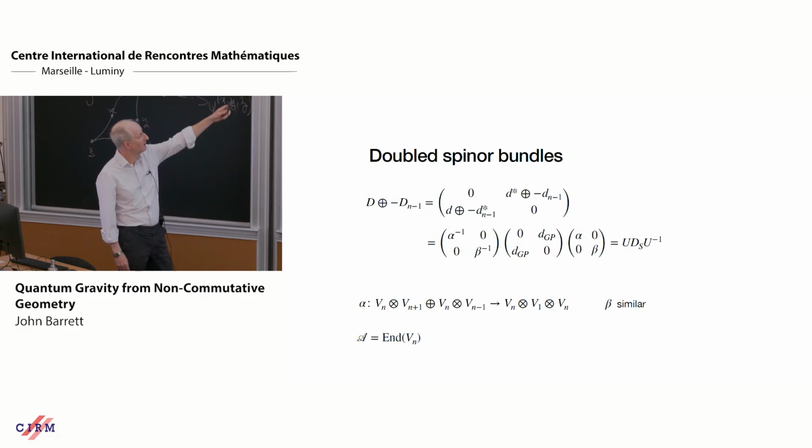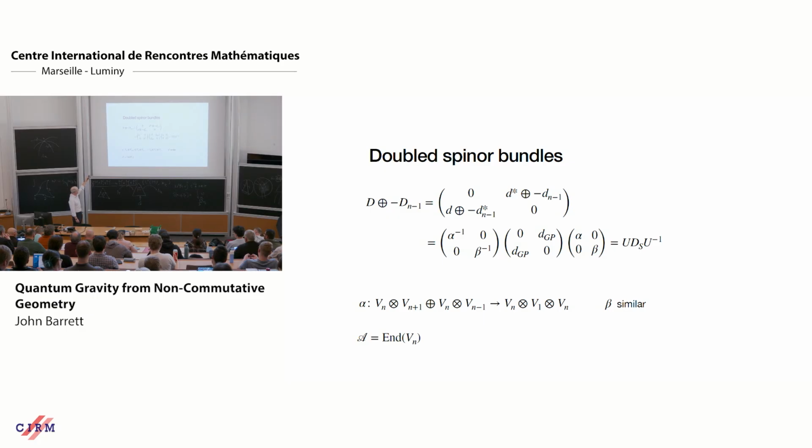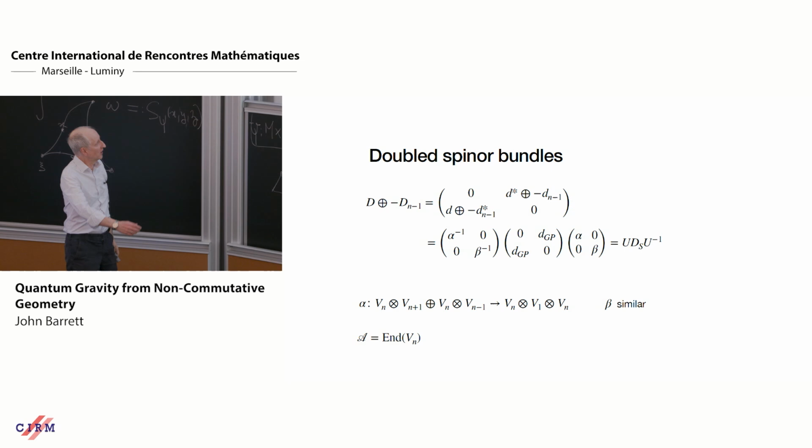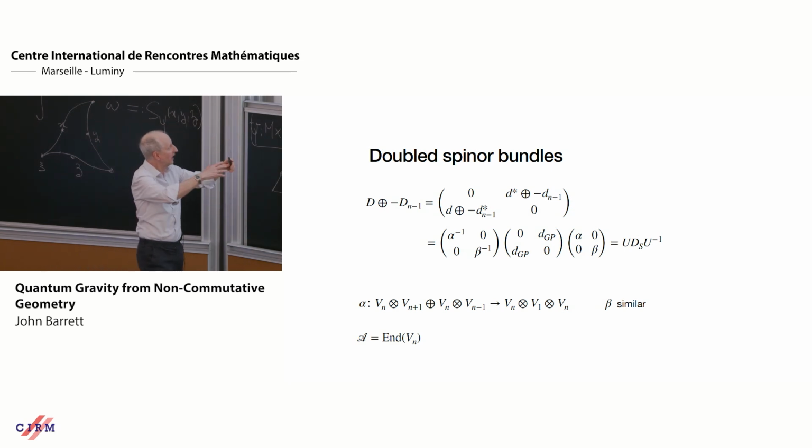I've written alpha, and the left-handed spinors for D live in Vn tensor Vn+1, but the right-handed spinors for Dn-1 live in Vn tensor Vn-1. And so on the left, on both things, we've got Vn, that's fine. But on the right, we've got Vn+1 direct sum Vn-1.